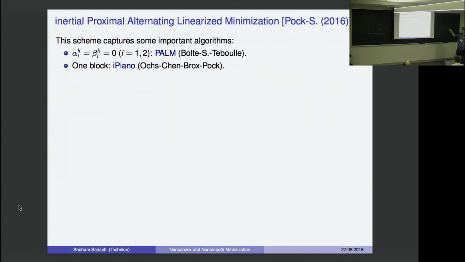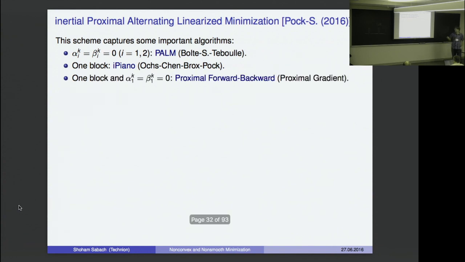And actually, iPiano by itself generalizes two well-known algorithms. First of all, of course, it generalizes the proximal forward-backward algorithm, even in the non-convex setting that was analyzed in a previous paper of Shoham, Bolte, Teboulle and others. This can be done again if you have only one block and you take all the parameters to be 0.